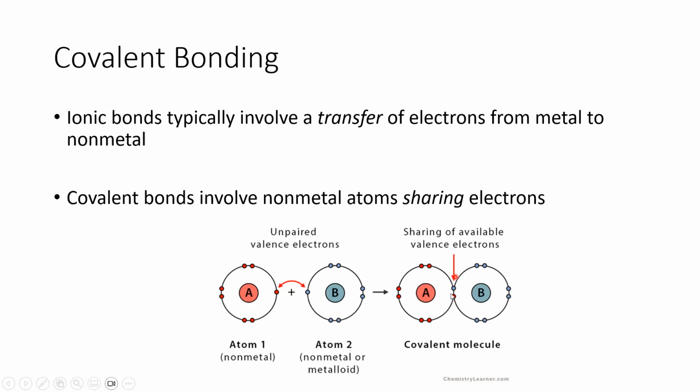But then these two shared count for A, they also count for B. So atom A's got 6, and then it's got the 7th and the 8th here. And then atom B, same thing, it's got 6 on its own, and then the 7th and the 8th also count for atom B. So that's why both of these are now going to be satisfying the octet rule. That's why these covalent bonds are going to form. So the big thing is just recognizing that those shared electrons count towards both atoms' valence shell.